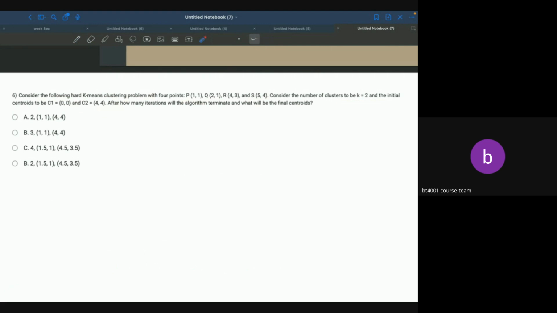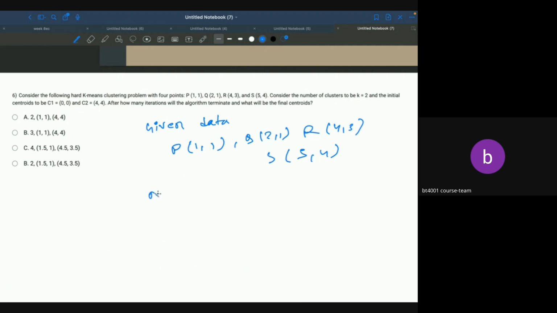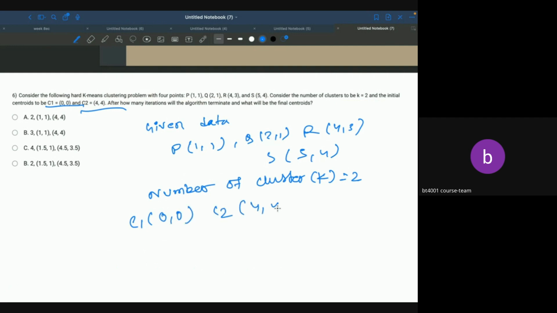So what are the given? Let's write the given data. P equal to (1,1), Q equal to (2,1), R is (4,3), and S is (5,4). The number of clusters K is equal to 2, and the initial centers are C1 (0,0) and C2 (4,4). What does it ask?